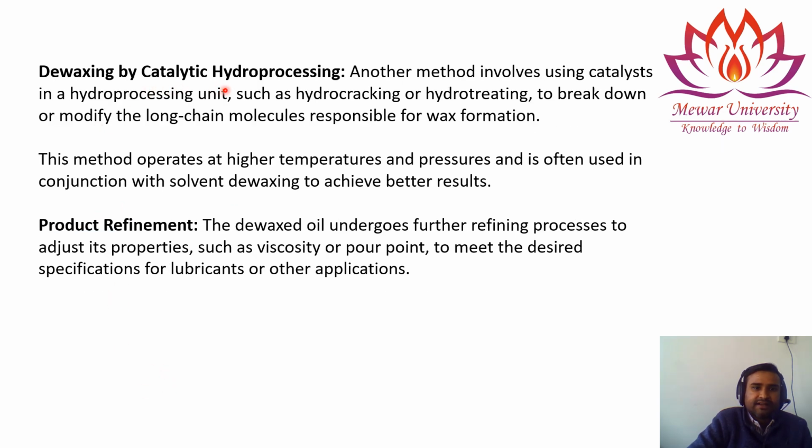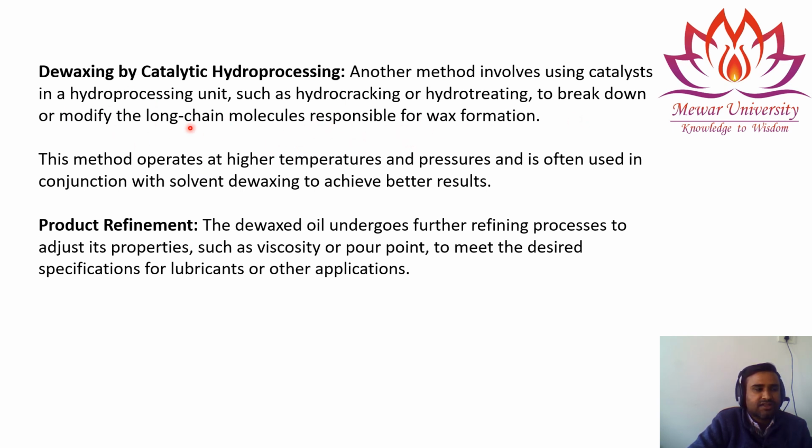Dewaxing by catalytic hydroprocessing is another method. This method involves using a catalyst in a hydroprocessing unit such as hydrocracking or hydrotreating to break down or modify the long chain molecules that are responsible for wax formation.